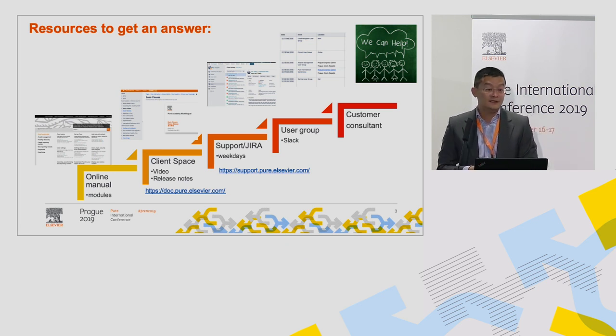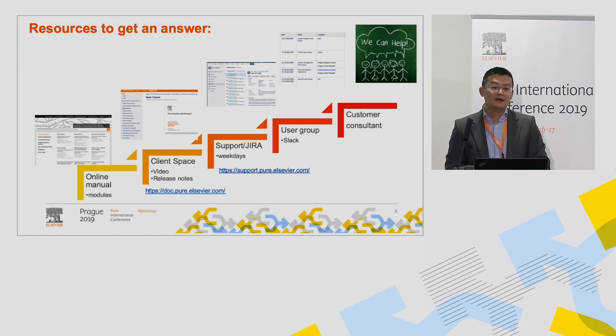Next is really the user group, because there are some regional-specific or industry-specific topics that are broader, and this very often is brought up by the user group. It's good to discuss there. And last, you can always come to our customer consultants.